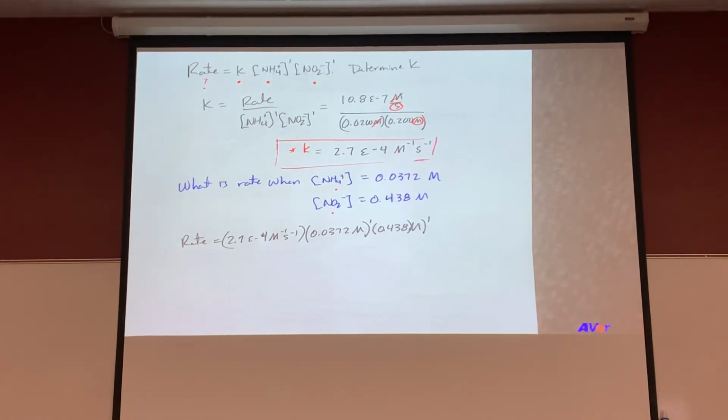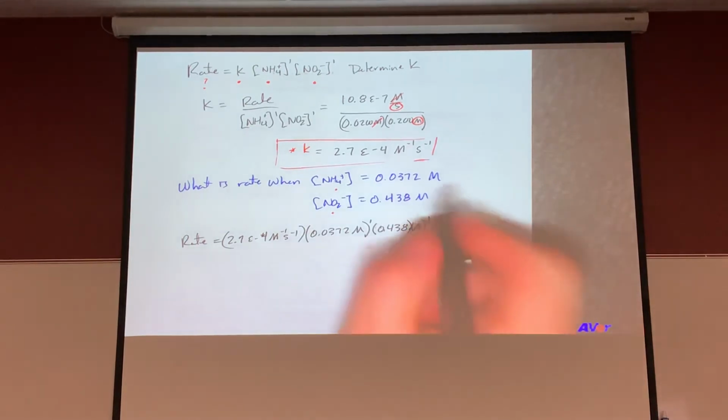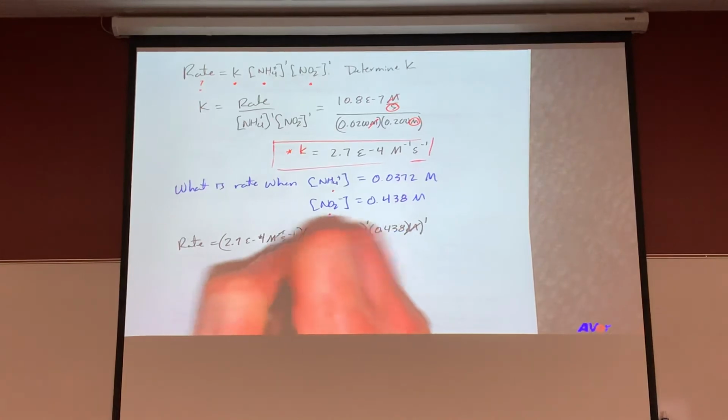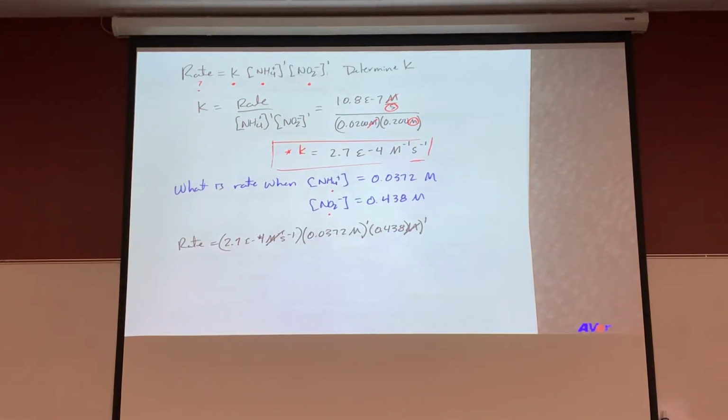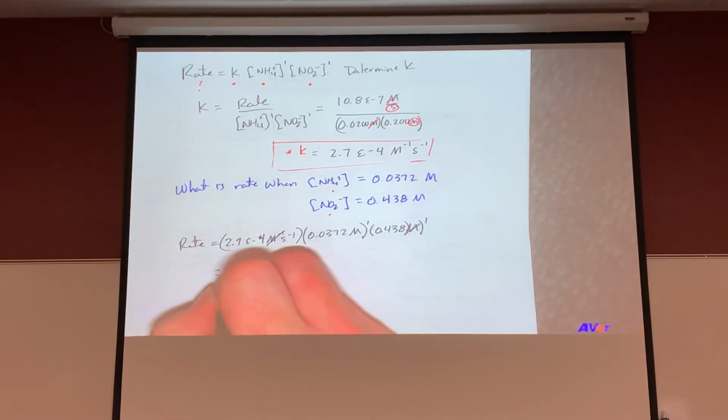And then what cancels? One of the molarities cancels out. And then it's just a matter of multiplying, and you should end up with a rate equal to 4 point something.